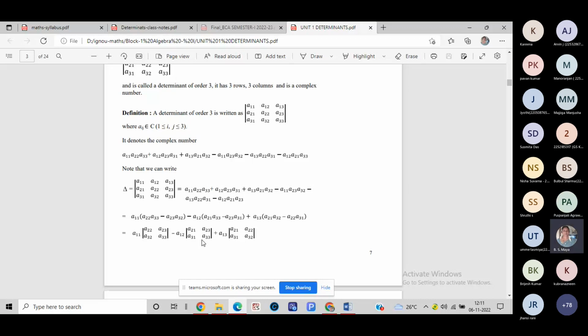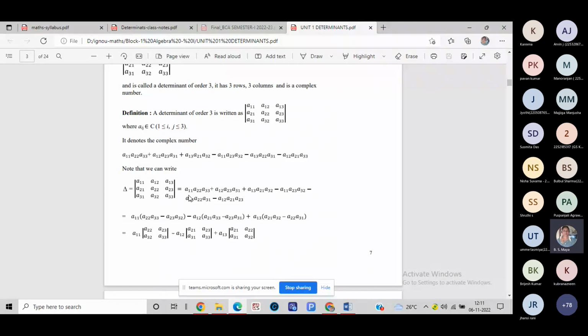Next, apply plus: alternately plus, minus, plus. A13 is the next one. You remove the last column with first row. What is the value? A21, A22, A31, A32. Clear, right?